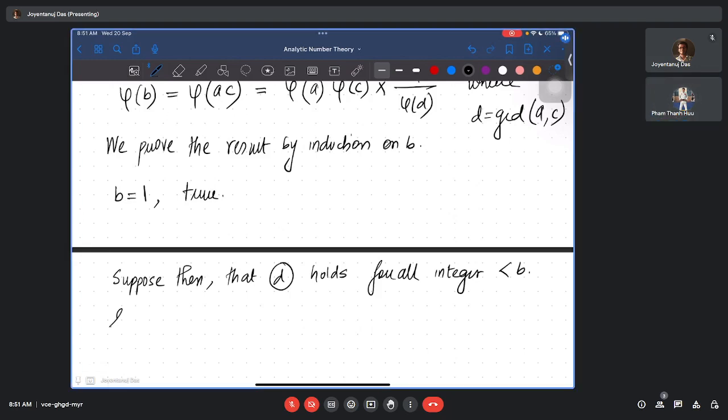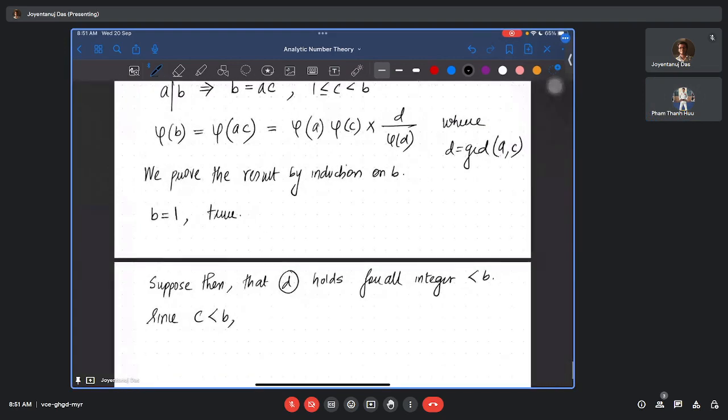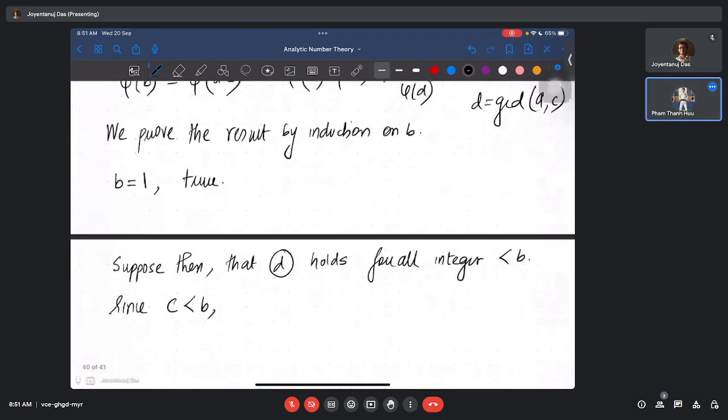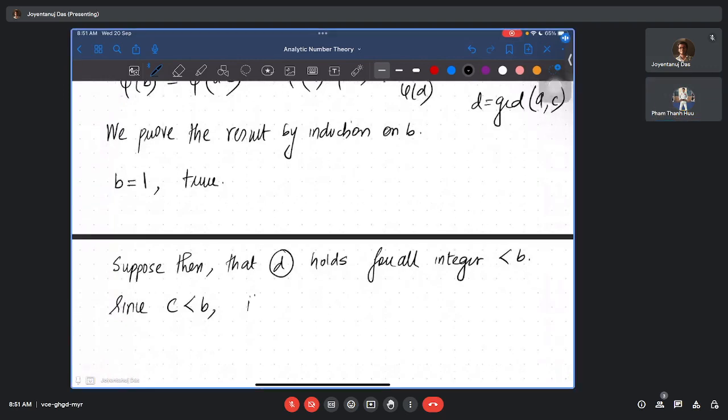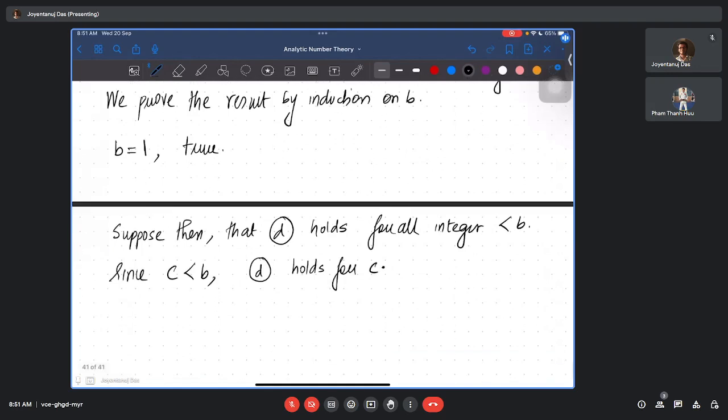Now, since C is strictly less than B, we know that it holds for C also, right? So this D holds for C. Now, since D equals the GCD of A and C, this implies that D must divide C, right?